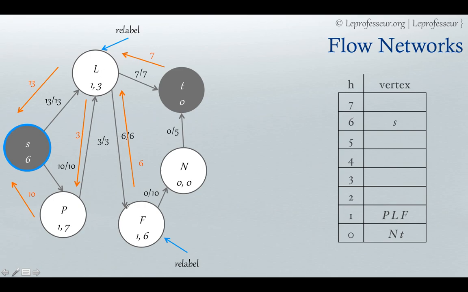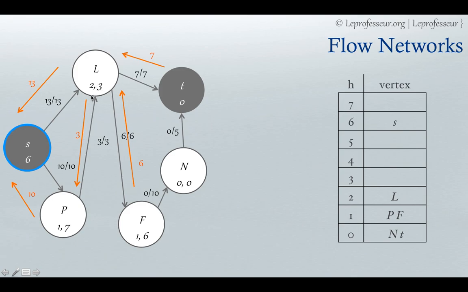Now L cannot transfer the flow because both have the same height, so we need to increase the height of L, or we need to relabel L. So let's do relabeling of L. We did relabeling of L, and L moved to height 2. Now what happened here?